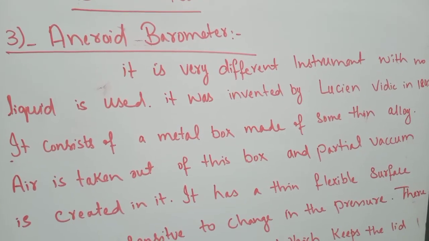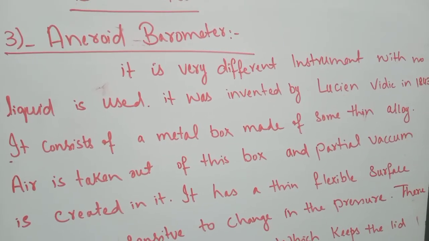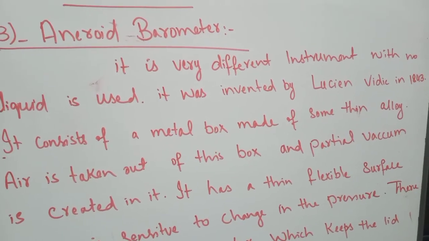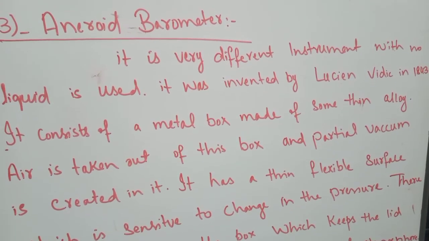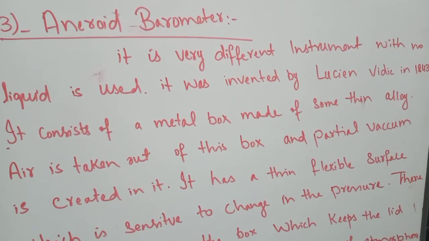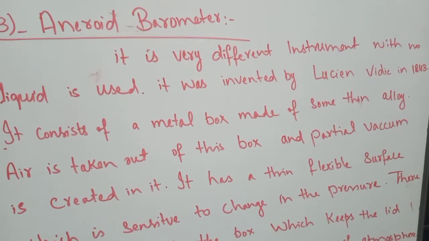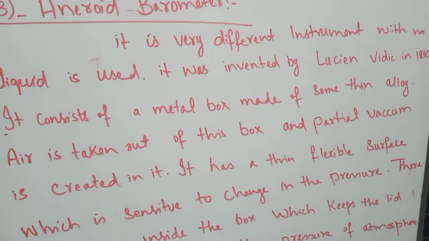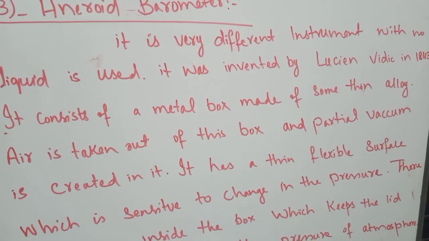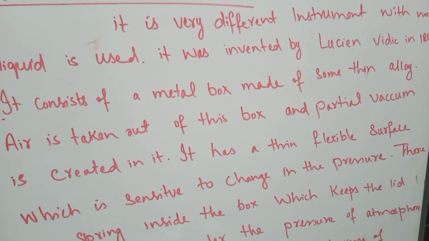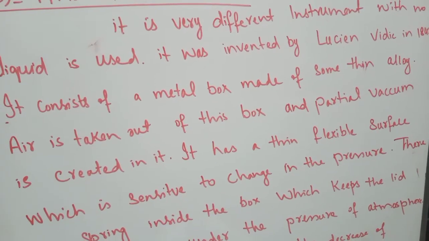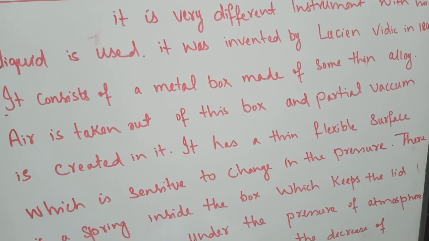The aneroid barometer consists of a metal box, a very different type of metal box with a thin alloy, and air is taken out of this box to create a partial vacuum. Its thin surface is attached to the change in pressure. It's a very thin, flexible surface which shows a difference whenever a change in pressure occurs.